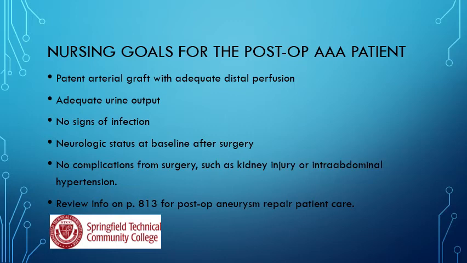Make sure that they are following commands and awake after surgery, and that they don't have any neurologic insult from their surgery. And this table on page 813 is something you should all have a look at and review for these patients after having a repair of an aneurysm.